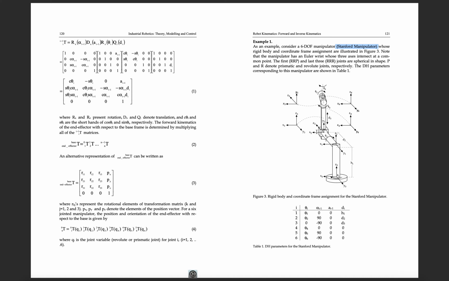Because we have a prism, we have only 1 degree of freedom, which is a translation. Theta here is not a control parameter, but d3 is a control parameter, which is basically the translation along the z-axis. Now what we look at here is z3, and this is basically what we see there.